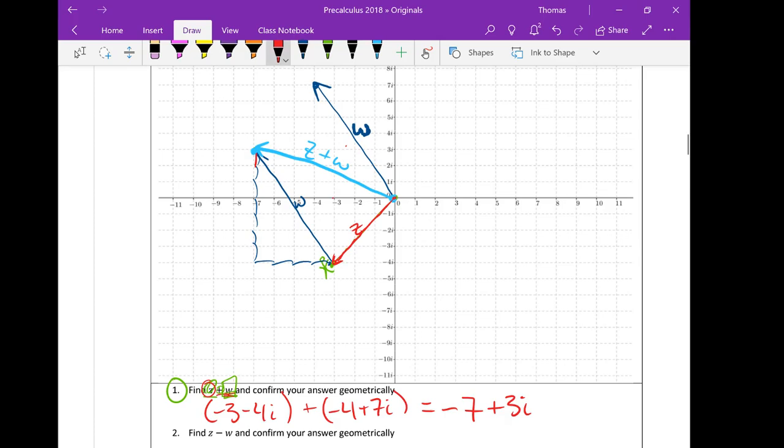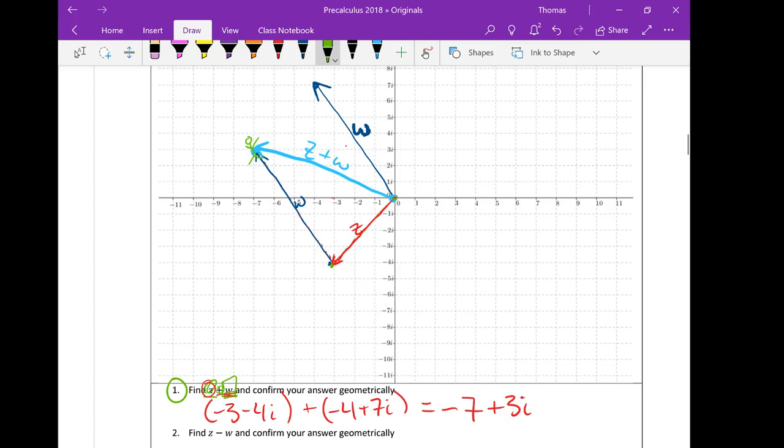Well, if we followed w's instructions, we went left 4 up 7, and we followed that blue arrow from our little guy, and we ended up at the final stage over here at negative 7 plus 3i. So to do these computations geometrically with our vectors, we just need to add up the instructions from where we start at the origin to where we end up.